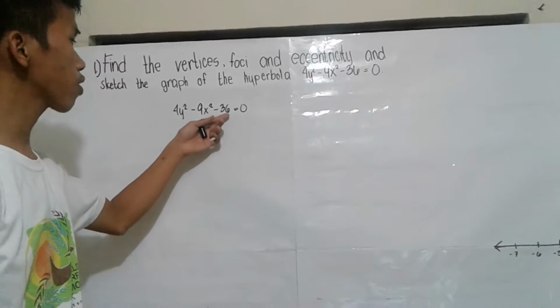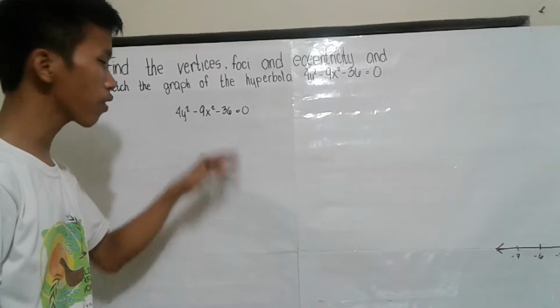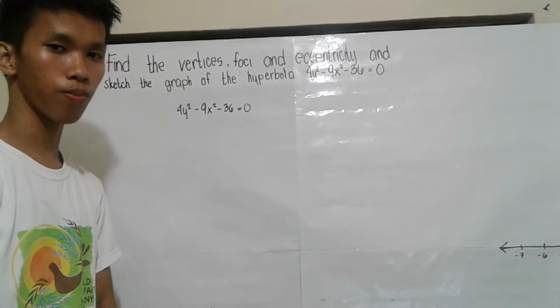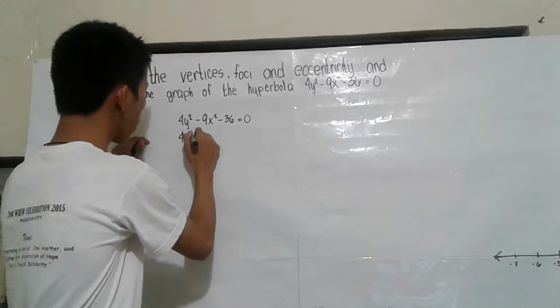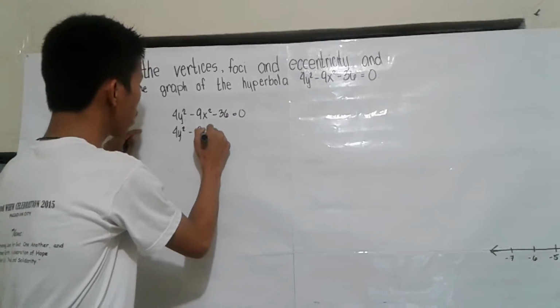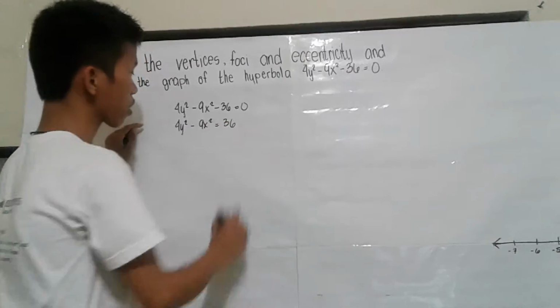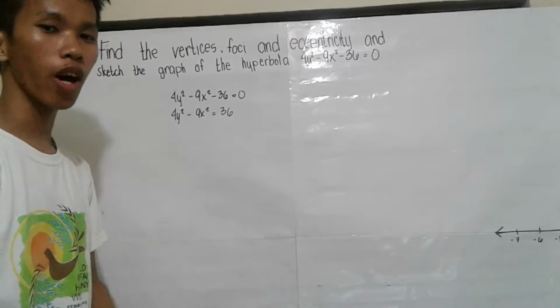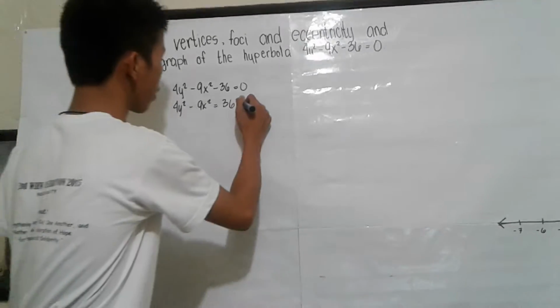Then, transpose this 36 to the right side. So this negative 36 will become positive 36. So 4y squared minus 9x squared is equal to 36. Then multiply the whole equation by 1 over 36.